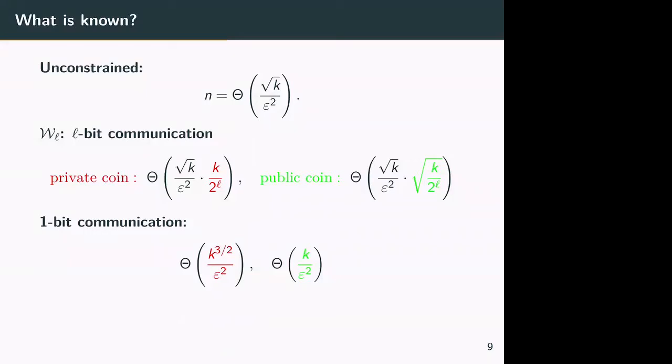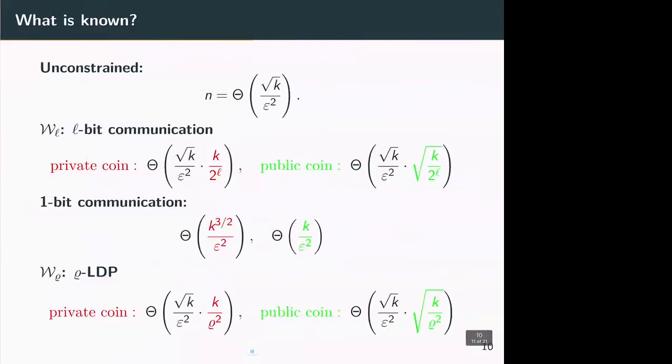And if you have access to public coins, a lot of it, then it becomes K over epsilon squared. So you gain an advantage of square root K between private and public coins. A similar phenomenon was also observed for local differentially private channels, where your blow up is root K or K between private and public coins.